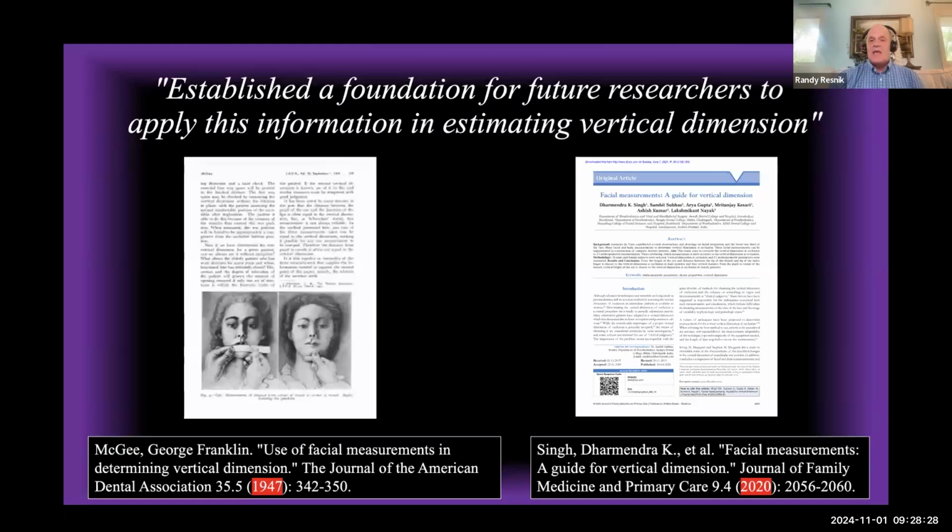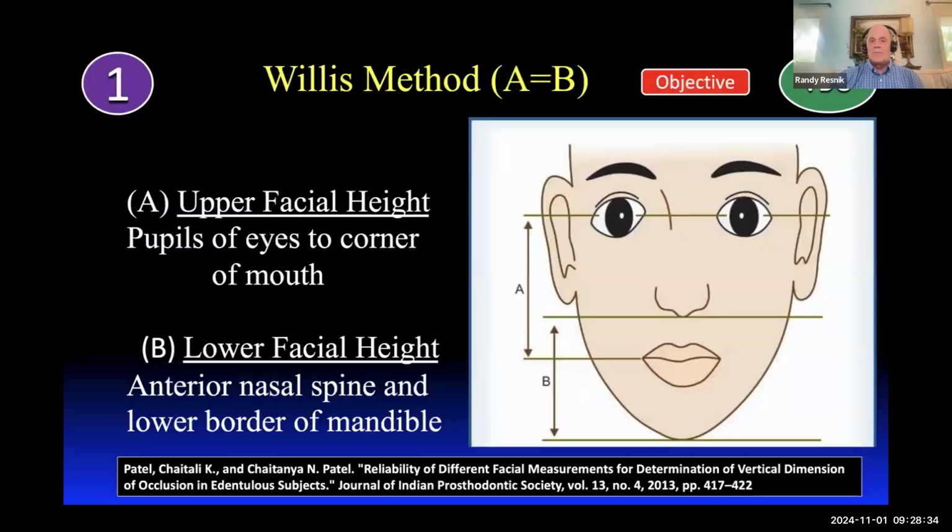There's different types, and what I'm going to go over is just a couple of different examples here for you. The first one, and one of the more common ones, is the Willis method. Basically, you look at the upper facial height and the lower facial height, and they should equal each other. And that tells you how ideal the VDO is.